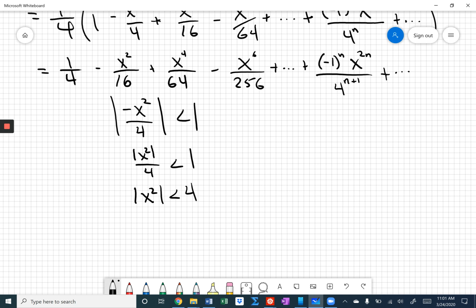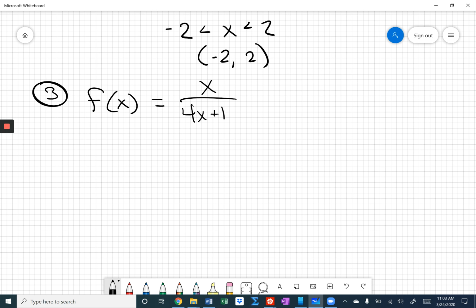And so we take square roots, and we're going to get negative 2 less than x less than 2. And so that's going to be our interval of convergence, negative 2 to 2.